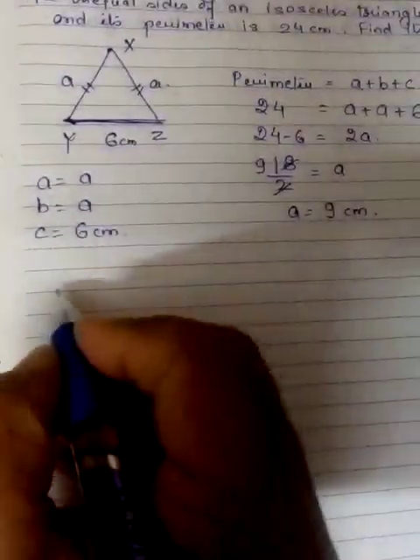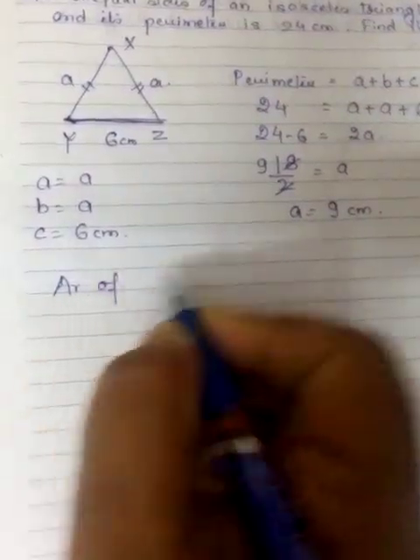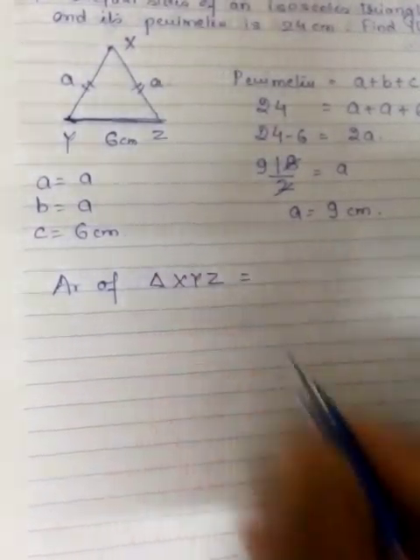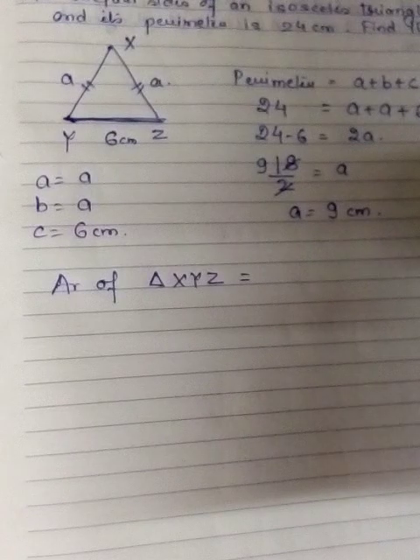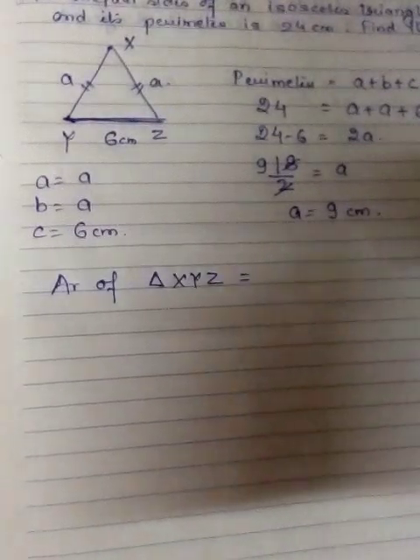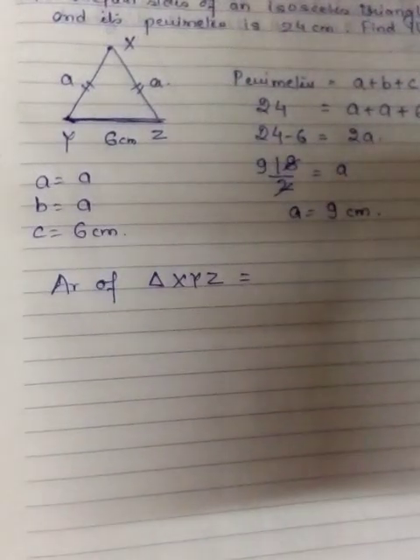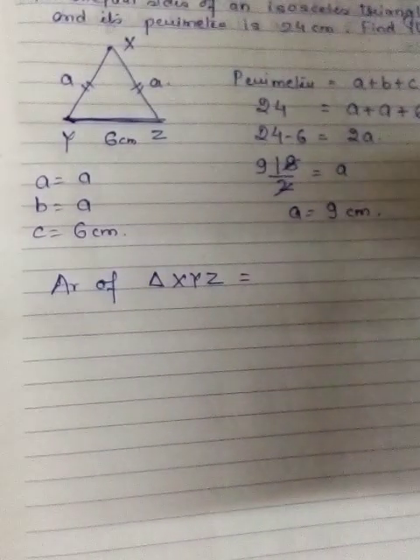Now we have to find the area of triangle XYZ. Now it's your choice. You can use Heron's formula to find the area, or you can use the direct formula for the area of an isosceles triangle.